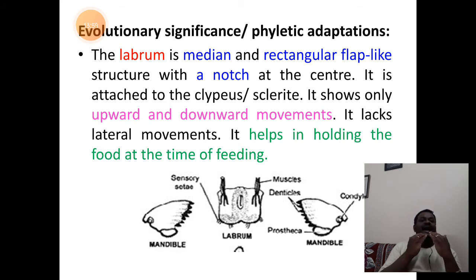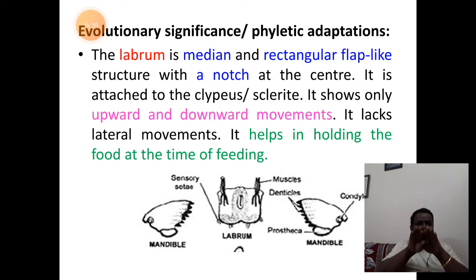It is attached to the clypeus or sclerite of the head region, a bony part of the head to which this upper lip is attached. The labrum shows only upward and downward movement, no sidewise movement.